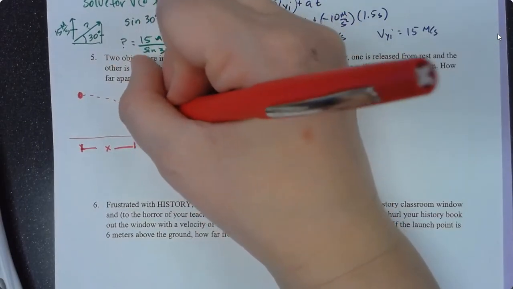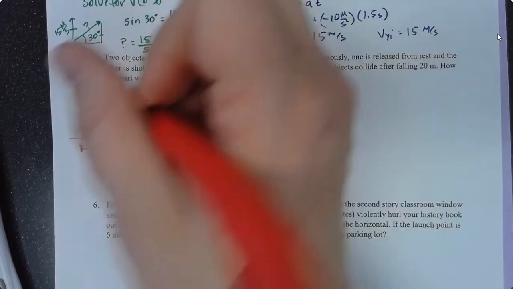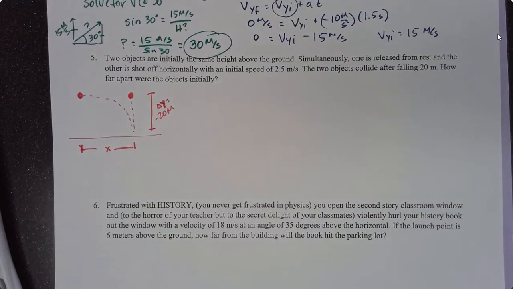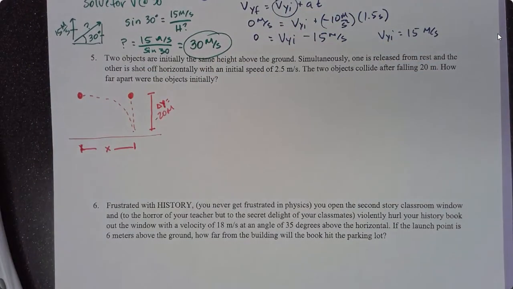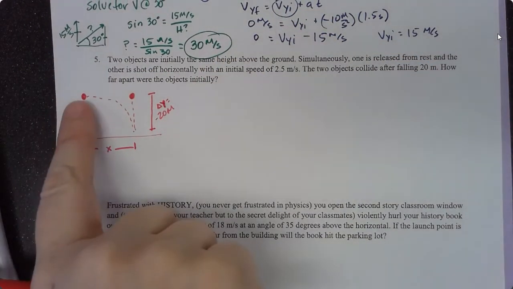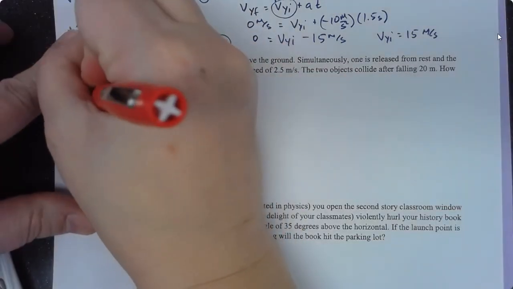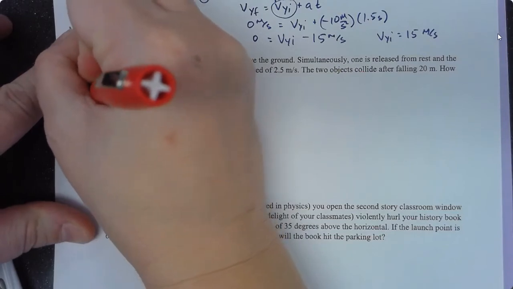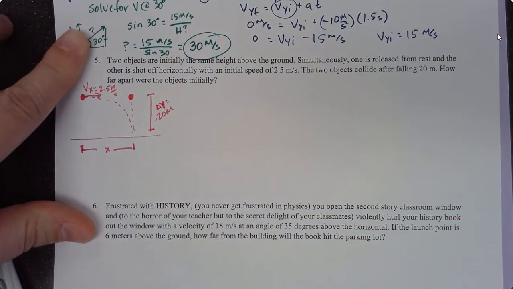Right, so that's when our change in y is equal to 20 meters. So really that gives us a clue. We don't really have to think too much about this one that dropped straight down. We just have to think about the range of the one that was shot off to the side. So we know that this one went off to the side with a horizontal velocity of 2.5 meters per second. And that's all we know.